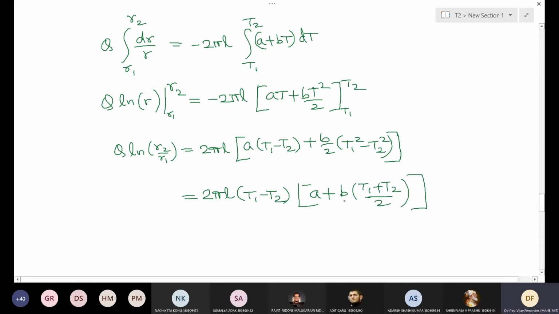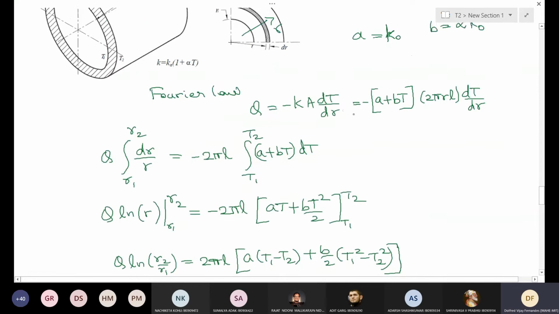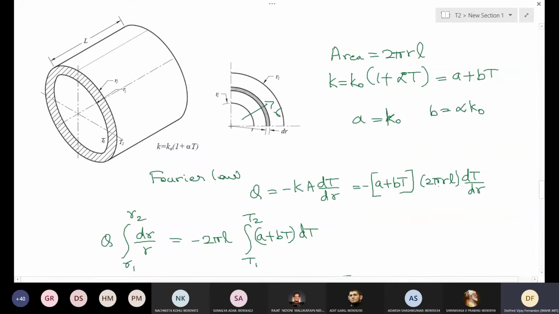Again, it is the arithmetic mean of inner surface temperature and outer surface temperature of the cylinder. Simply, we can write 2 pi L T1 minus T2 into A plus B into T mean. Wait a minute, I think we made a mistake here, right? No. Okay, correct.